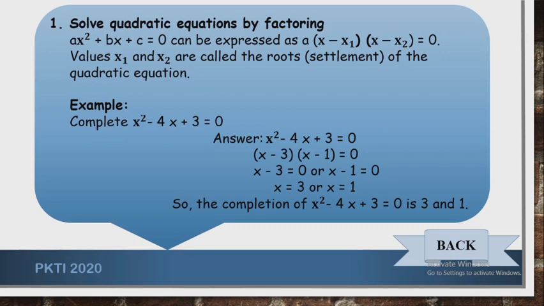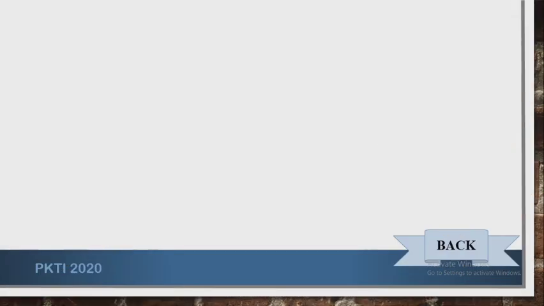The answer: x² - 4x + 3 = 0, (x - 3)(x - 1) = 0, x - 3 = 0 or x - 1 = 0, x = 3 or x = 1. So the solution of x² - 4x + 3 = 0 is 3 and 1.